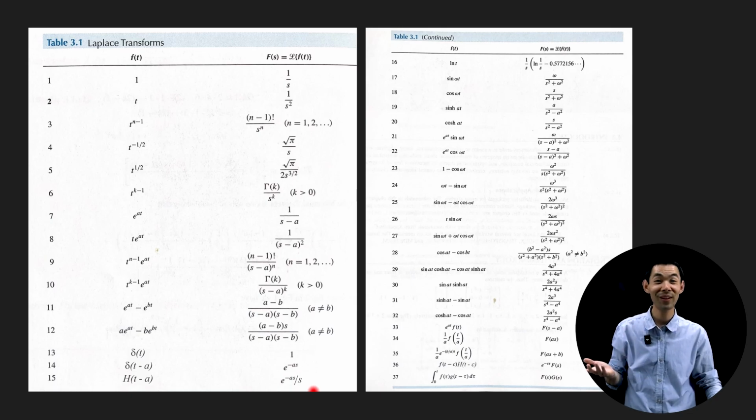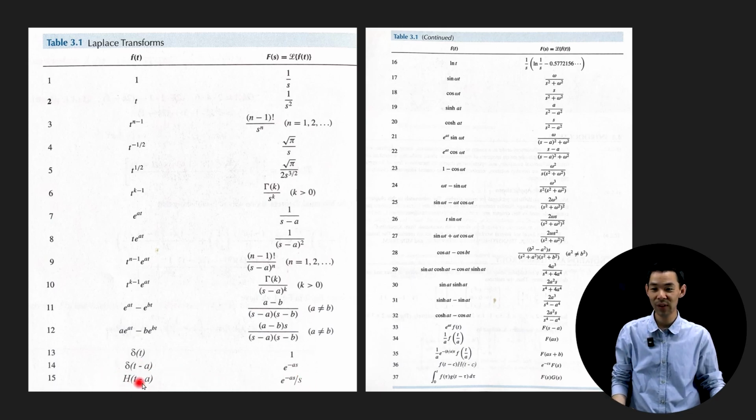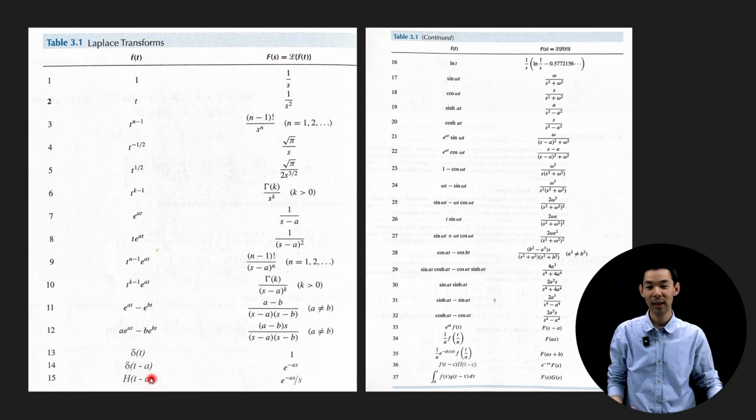Again, one of the shifting properties, right? Because row number 15 is the Heaviside step function times the function 1. The function 1 has a Laplace transform which is equal to 1 over s. And whenever you multiply by a Heaviside t minus a in real space, in real time, you shift by e to the negative as in Laplace space.